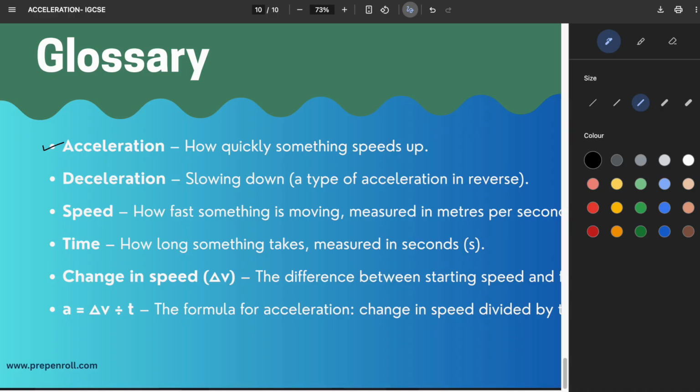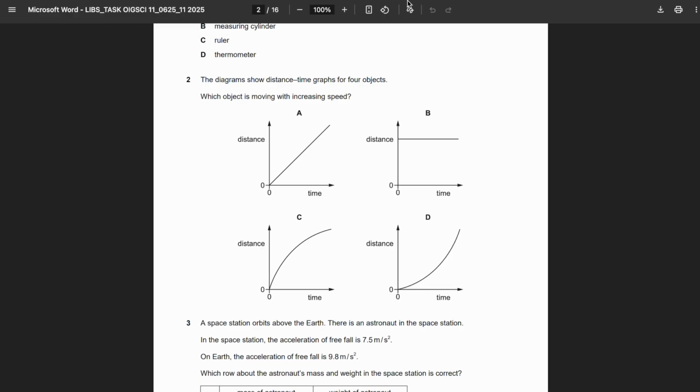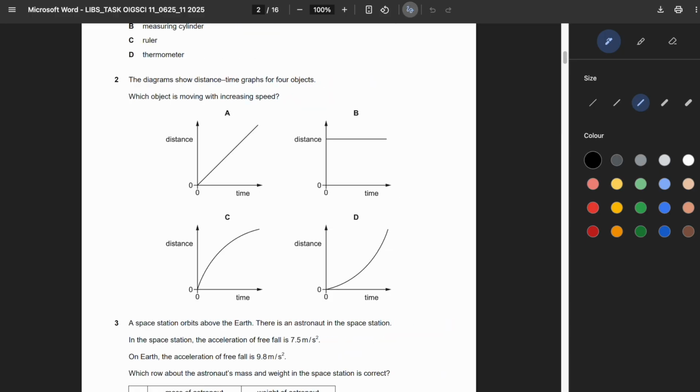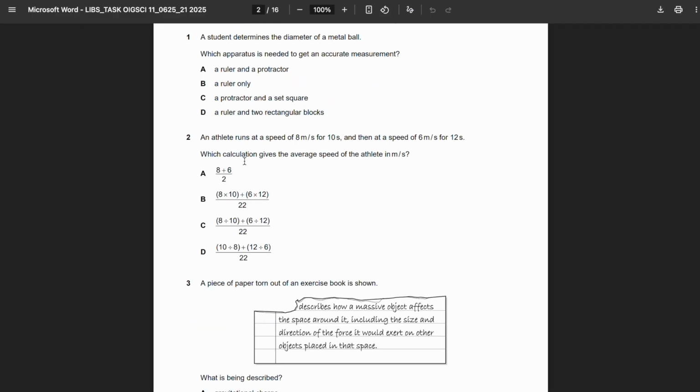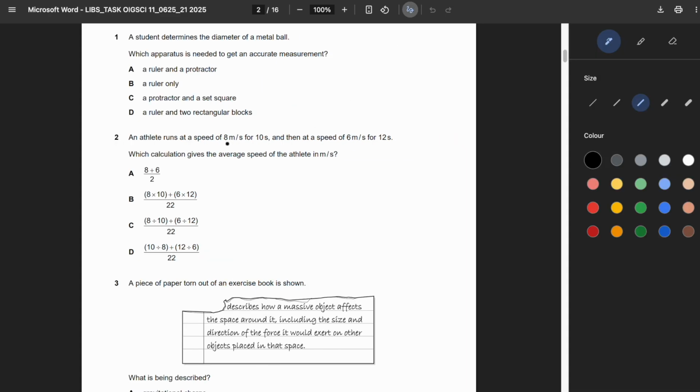Okay, before I move further, let me just cover a few questions here. Let's talk about this question. An athlete runs at a speed of 8 meter per second for 10 seconds, then at a speed of 6 meter per second for 12 seconds, and which calculations give the average speed? I hope now you remember when I talk about the average speed. Average speed is total distance over total time.